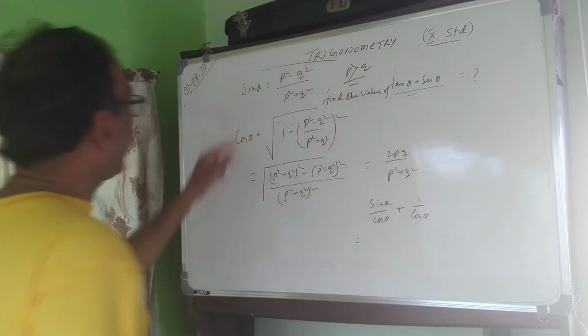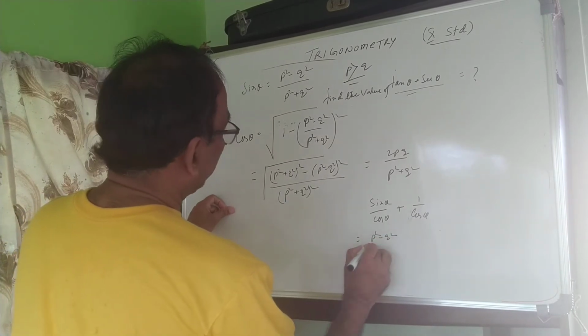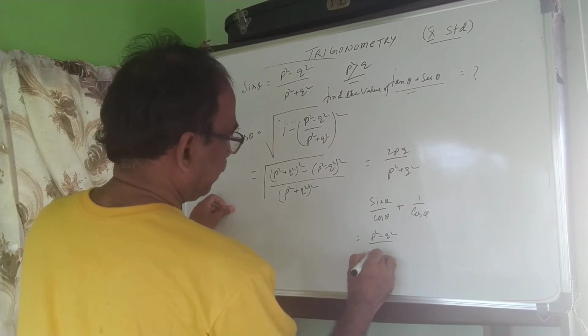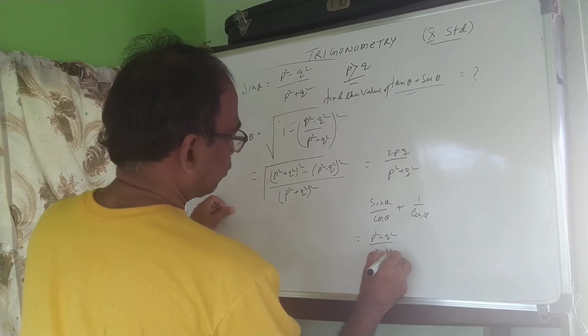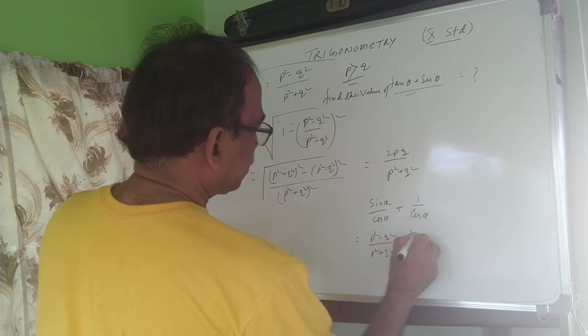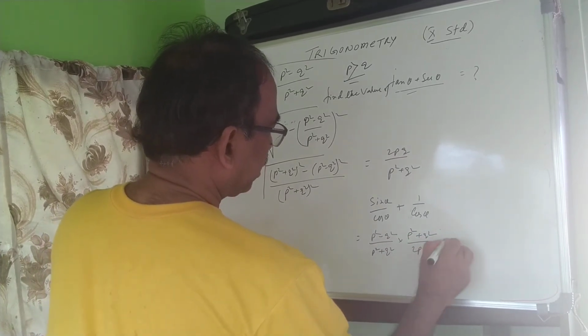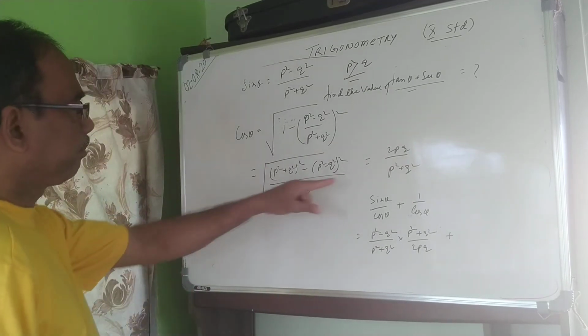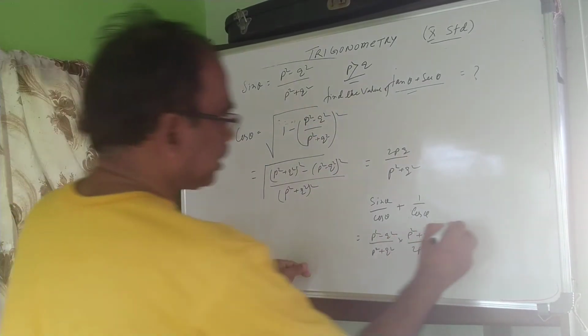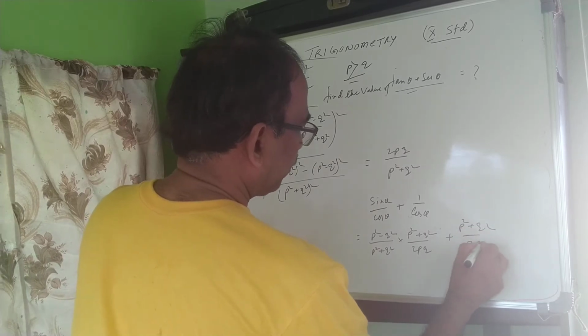You know sin theta and you know cos theta, put them here. Tan theta is sin theta by cos theta, that is p square minus q square by p square plus q square, and sec theta is the reciprocal of cos theta, that is p square plus q square by 2pq.